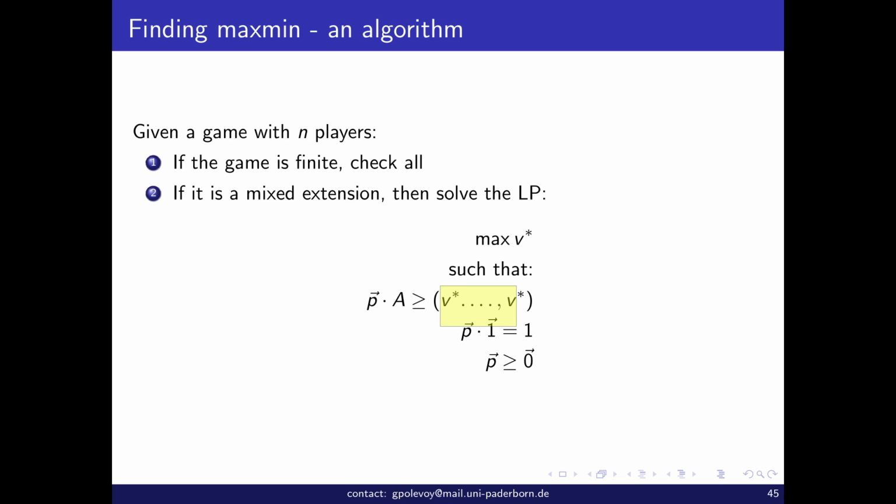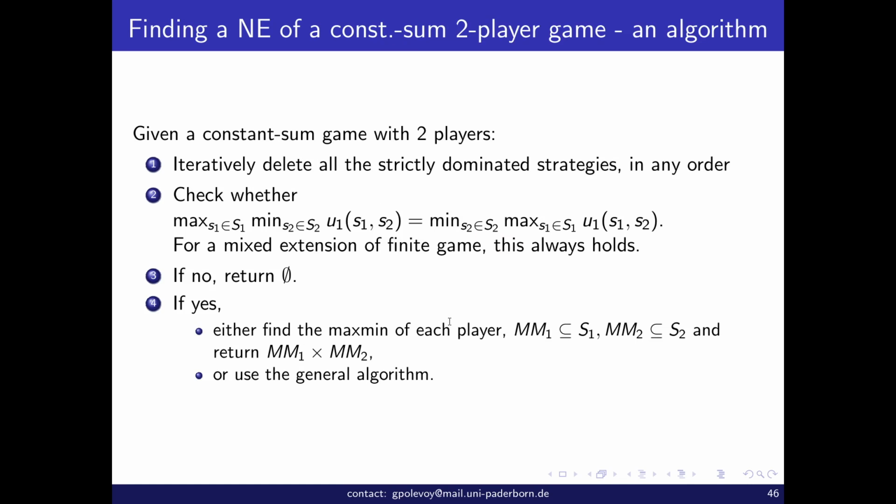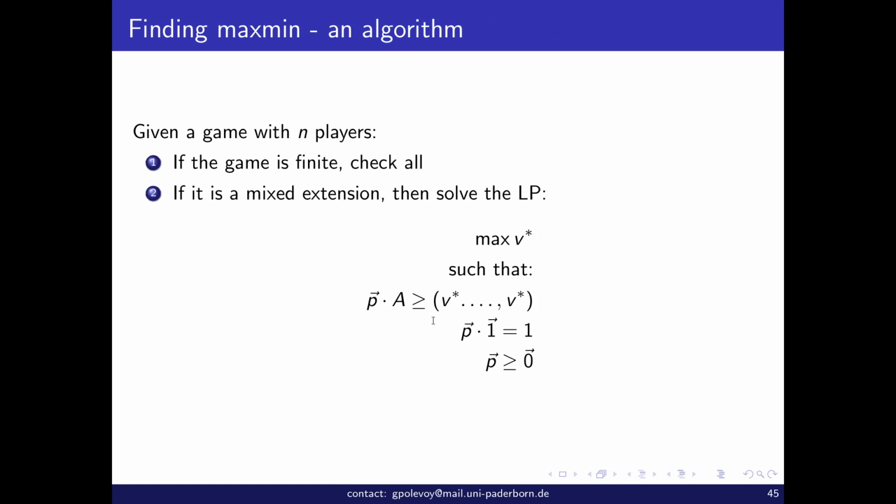And this minimum we want to maximize. So we maximize V star. And the only condition that is left is to demand that P will be actually a mixed strategy. And of course it's non-negative and the sum is 1. So that's all. The variables are P and V. So that's one.